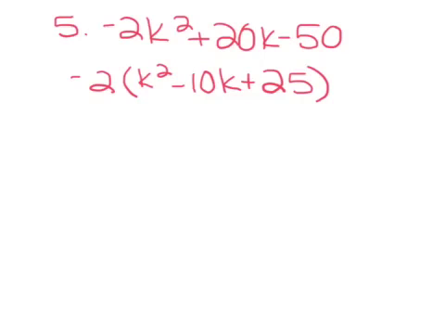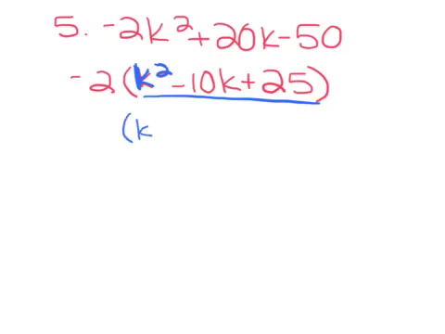So now once you do that, you want to look at what's inside your parentheses and you want to think, can I factor that anymore? And the answer is yes, you can, because it has 3 terms. Look at those 3 terms. Look at the squared term, k squared. Well, the leading coefficient there, the number in front of k squared, is just 1.